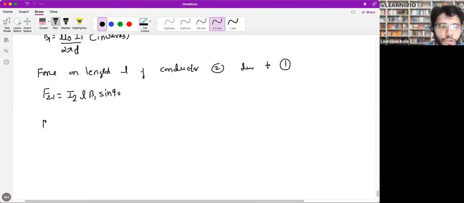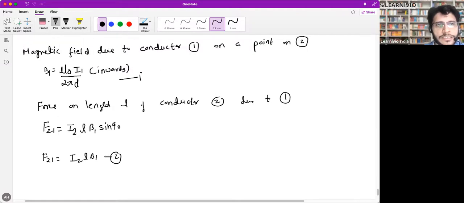So this is the force on conductor 2 due to conductor 1: I2 L B1. Let's call this equation number 2, and the earlier one equation number 1.